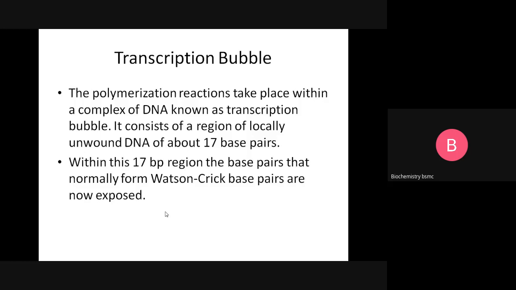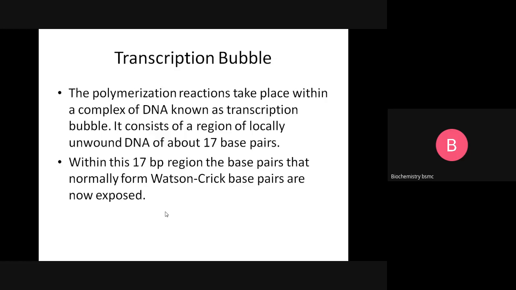Within this 17 base pair region, the base pairs that normally form Watson-Crick base pairs are now exposed. This is very important. So there is a melting, there is an unwinding, but it is 17 base pairs.